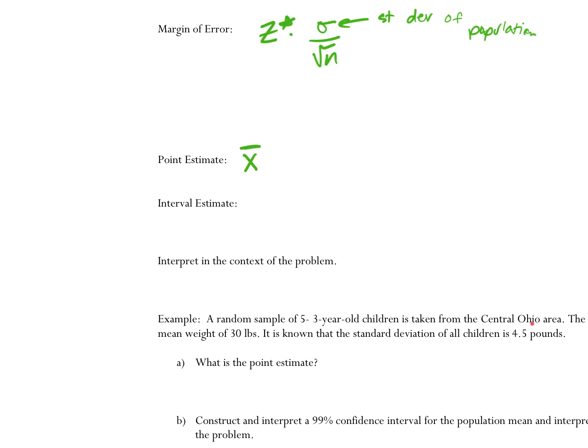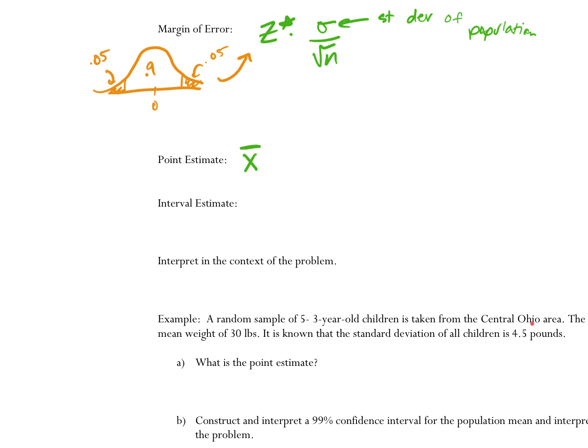When we're using z star, do you remember how we calculated z star? Like for instance, if I want to be 90% confident, we use the normal distribution, and this would be 0.9. Our tails would each be 5%, and we would use inverse norm to find those cutoff values, okay? We're going to use the exact same thing.